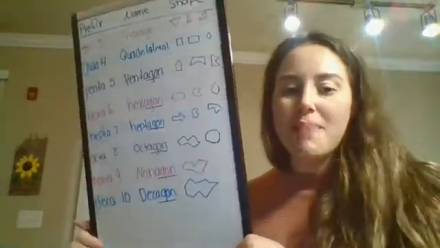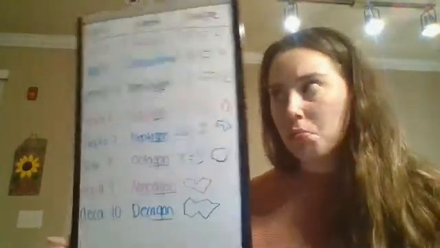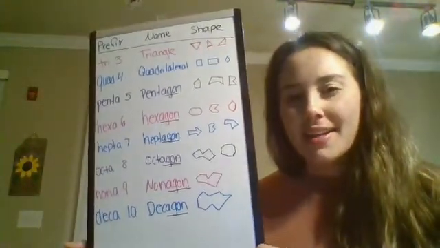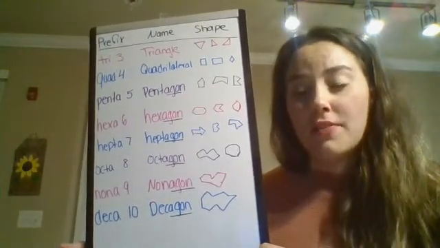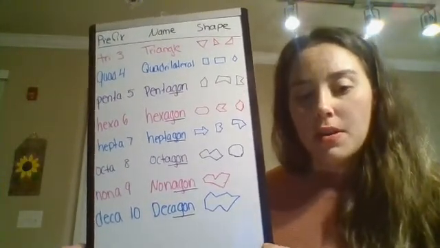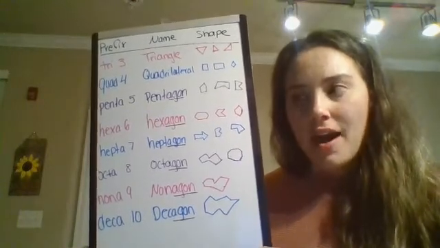If a shape has 10 sides, what would that shape be called? Again, I'm going to give you some time to think about it. 10 sides.